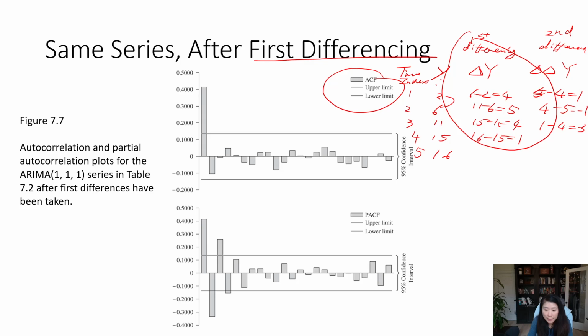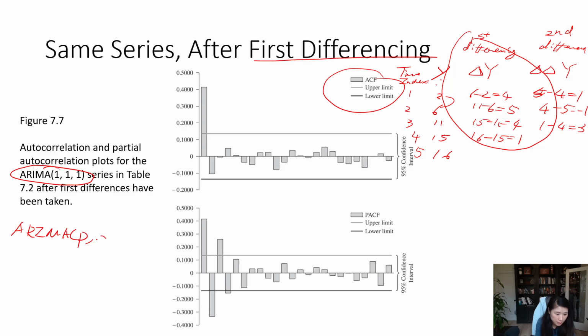Now, on the left hand side, there is an expression here. The model we used to model this time series is ARIMA(1,1,1). What does that mean? Usually we call it ARIMA(p, d, q).